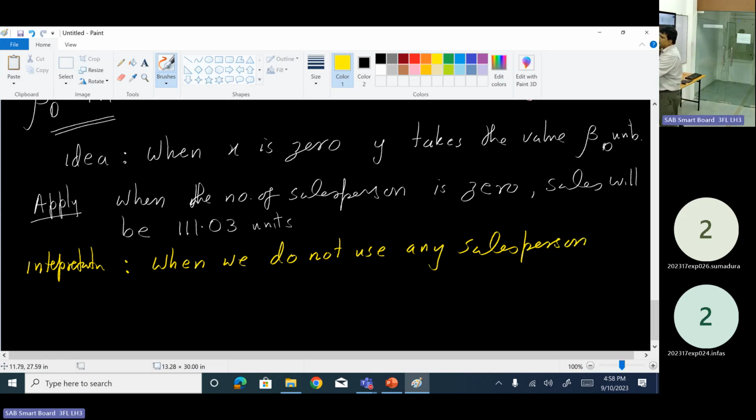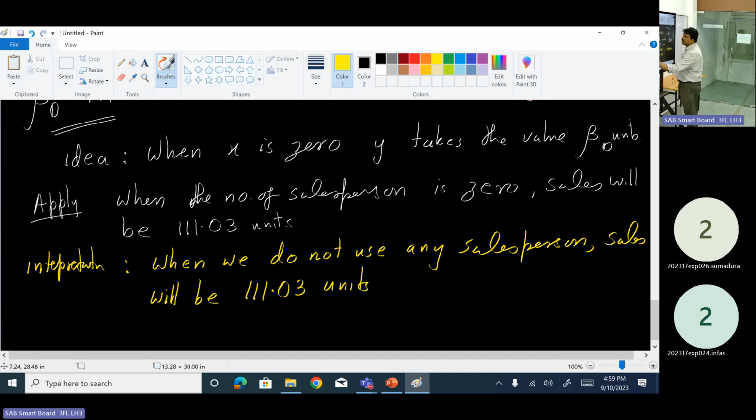When we do not use any salesperson, sales will be 111.03 units. If there is a unit, you put the unit. Say if it is in millions, then you say 111.03 million.